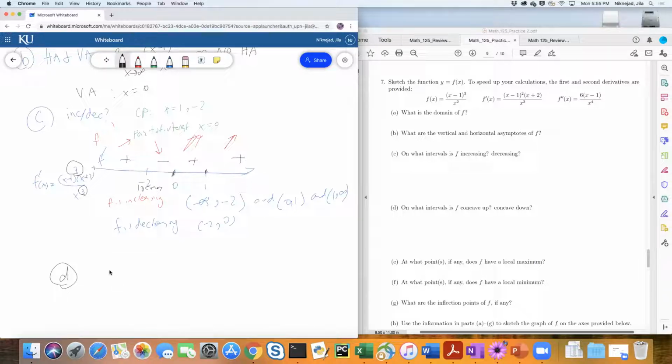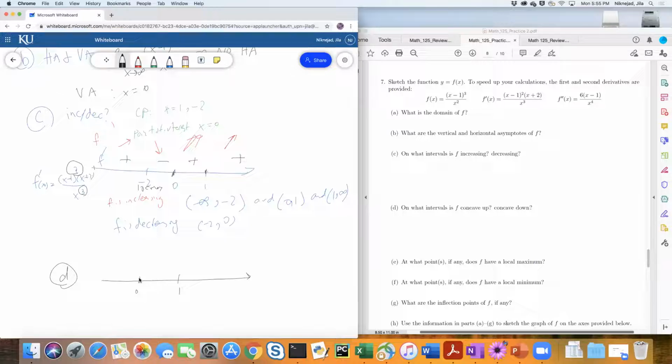D asks on what intervals f is concave up and down. F double prime has zeros at 1 and the other interest point, 0. If you look at 0, it has even multiplicity.